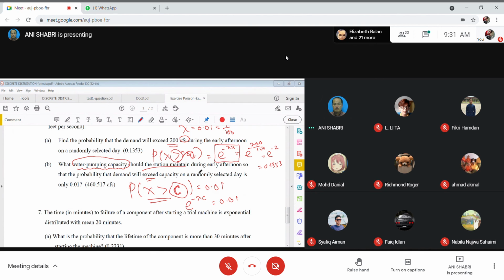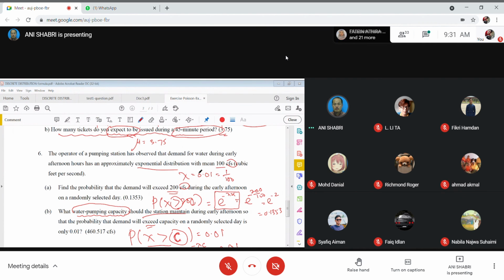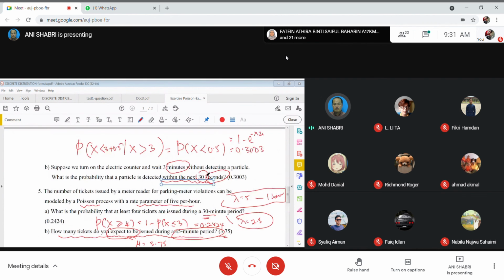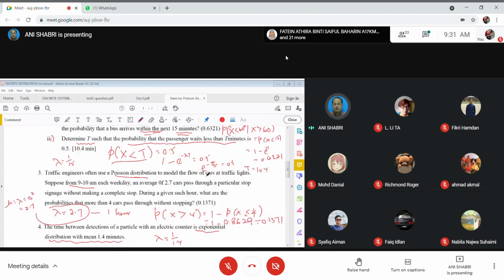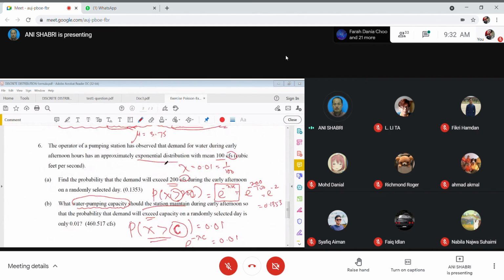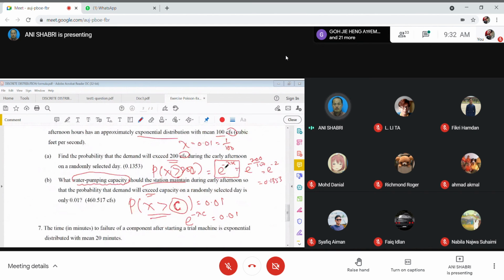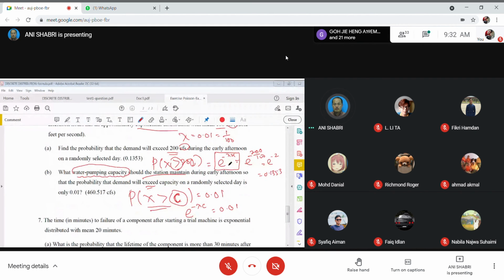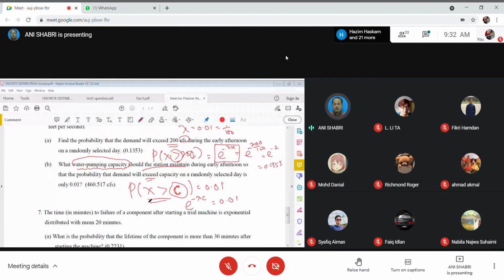If it is less, it is using 1 minus. If less, it is equal to 1 minus e to the minus lambda x. If greater, you use e to the minus lambda x. What is the value of lambda? 1 over 0.01.